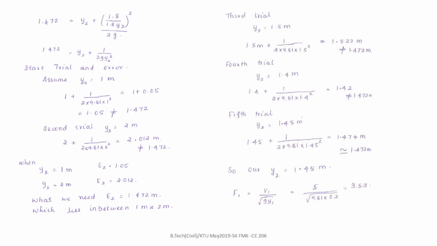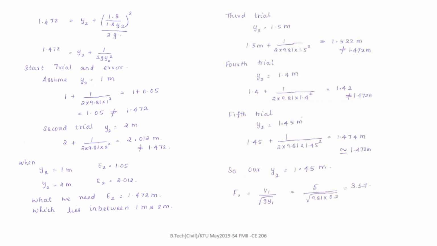Have we all understood? So assume any value. Now I have assumed 1.5 meter. I am substituting. I got 1.522 meter, which is not equal to 1.472, but it is coming very near. So again, I have to decide whether to assume a value greater than 1.5 or less than 1.5.